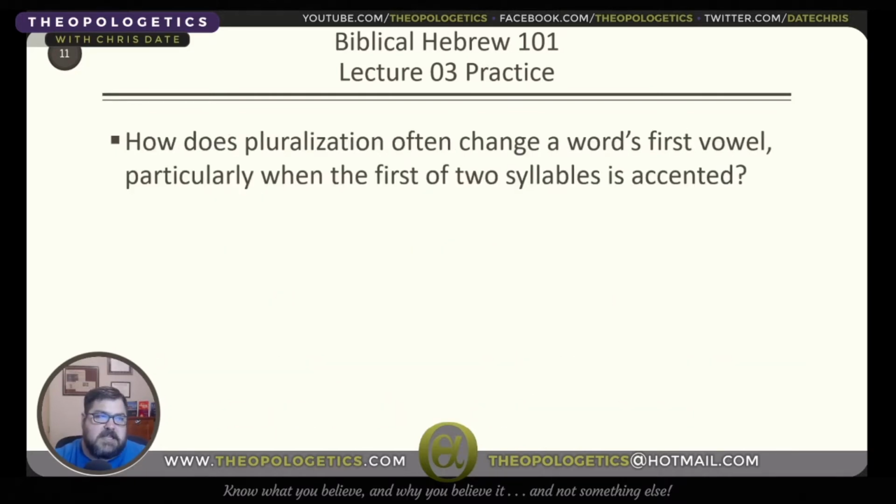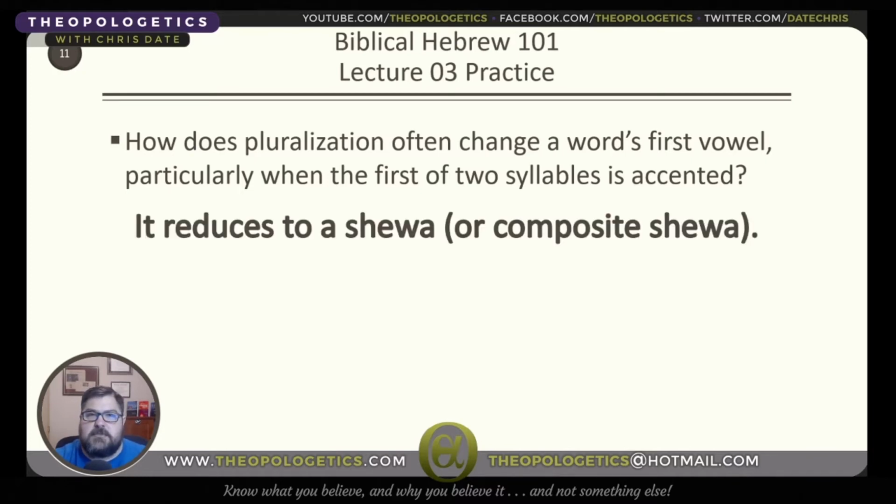How does pluralization often change a word's first vowel, particularly when the first of two syllables is accented? The answer is it reduces to a shva, or a composite shva, if that first vowel is under a guttural or reish. Gutturals and reish, you'll recall, do not take a shva, so you have to put a composite shva under it if you're going to have a shva at all.